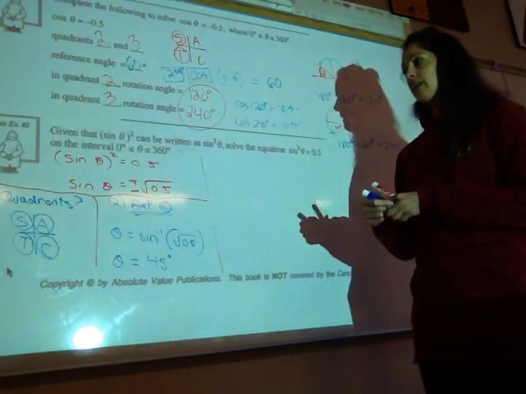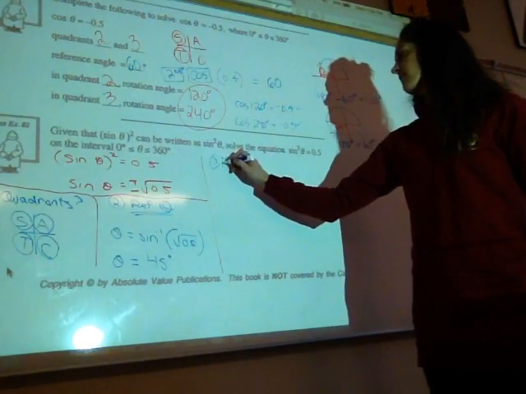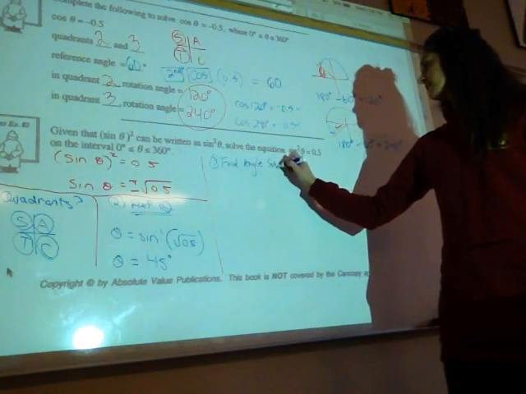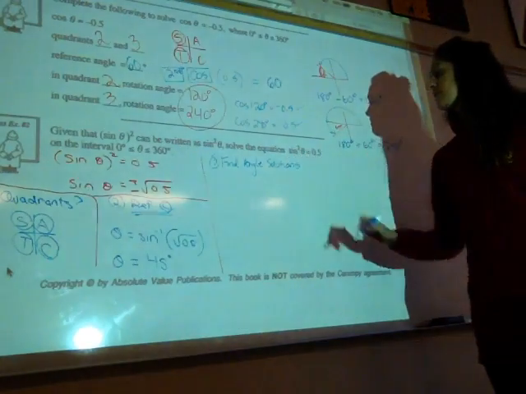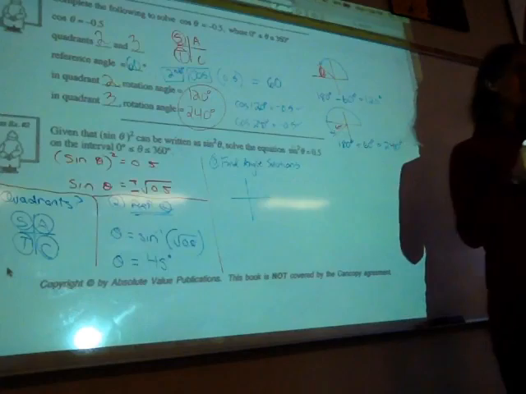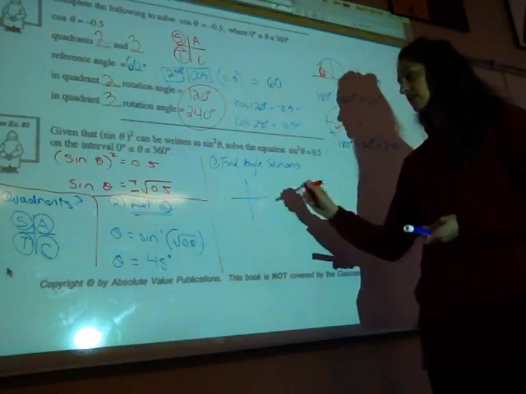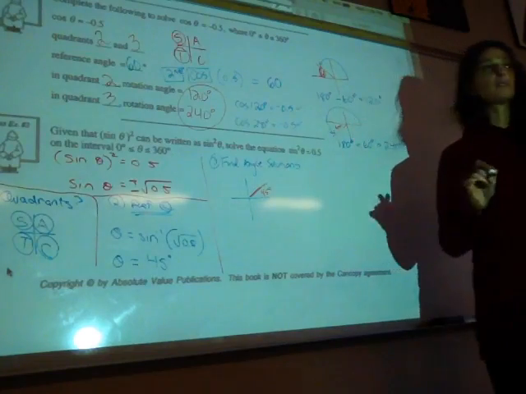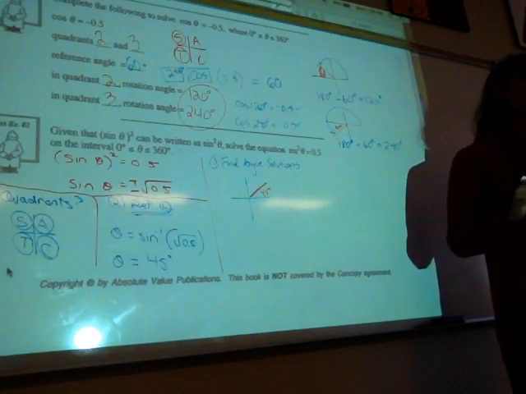So step 3, we need to find our solutions. If we're in all four quadrants and I apply my reference angle in quadrant 1 to start, my reference angle is 45. What's my rotation angle? 45.